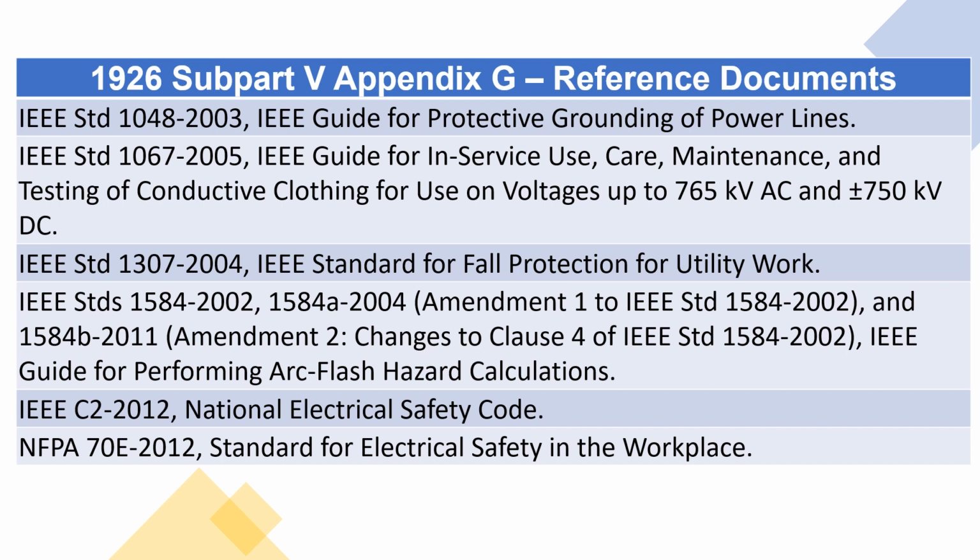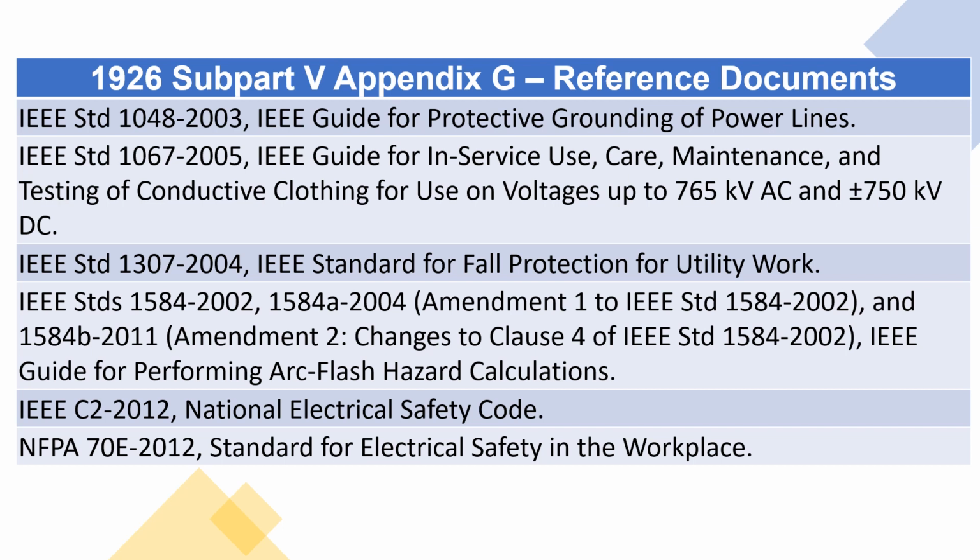IEEE STD 1067-2005, IEEE Guide for In-Service Use, Care, Maintenance, and Testing of Conductive Clothing for Use on Voltages up to 765 kV AC and plus or minus 750 kV DC. IEEE STD 1307-2004, IEEE Standard for Fall Protection for Utility Work.